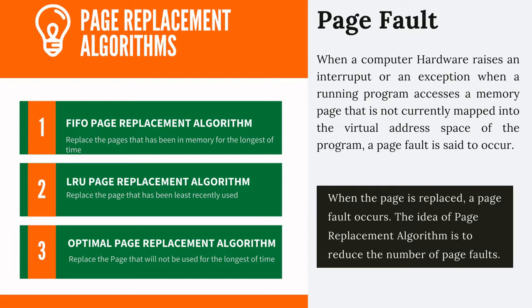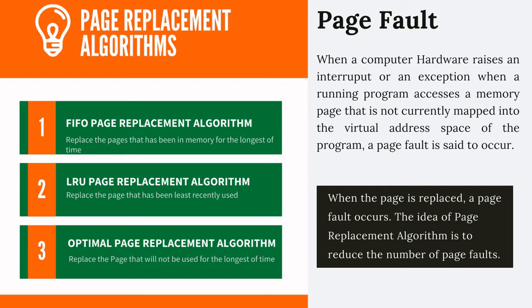LRU page replacement algorithm, that means the least recently used algorithm, replaces the page that has been least recently used. The optimal page replacement algorithm is replacing the page that will not be used for the longest of time. All the algorithms focus on decreasing or minimizing the number of page faults occurring.